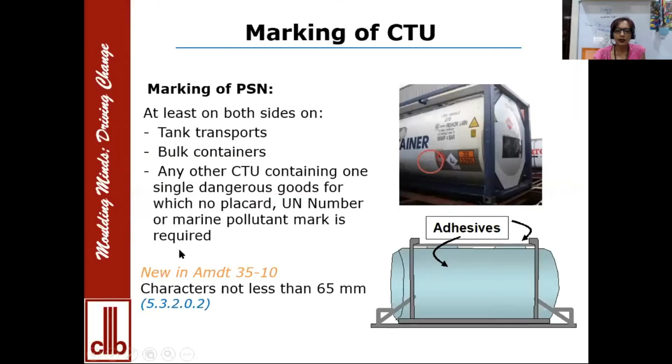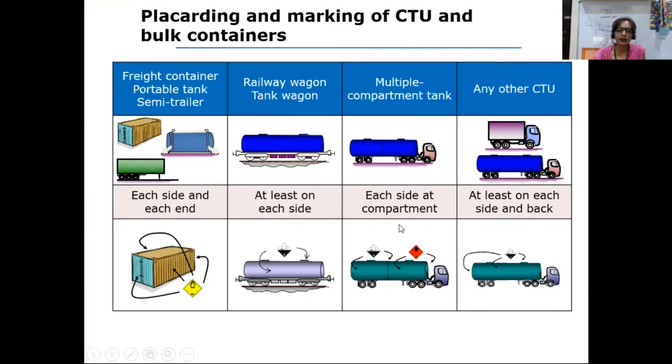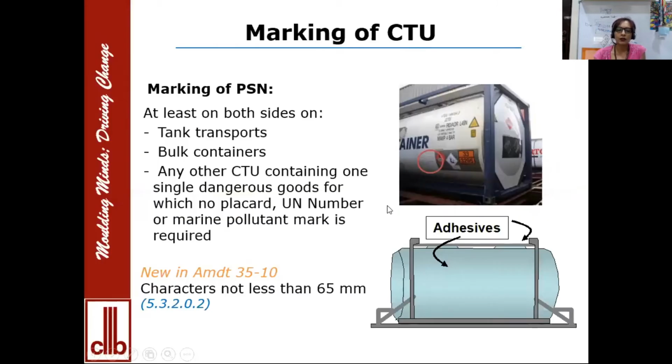In addition to the standard placarding requirements, there are additional requirements for a portable tank, because a portable tank contains about 18 to 20,000 liters of a single DG that has been filled into it. So a tank, in addition to having the hazard placards on all 4 sides, at least on both sides would have to indicate the UN number of the substance and the PSN.